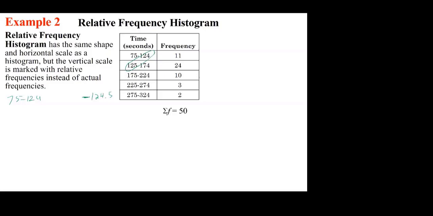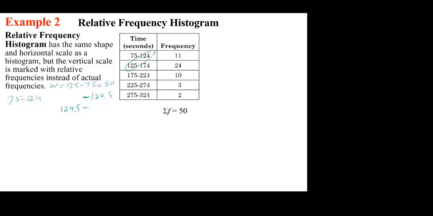124.5, which means the next class uses the same lower boundary, 124.5. The width is 50, so you can subtract 50 and you can add 50. Remember, the width is 125 minus 75, which is 50.